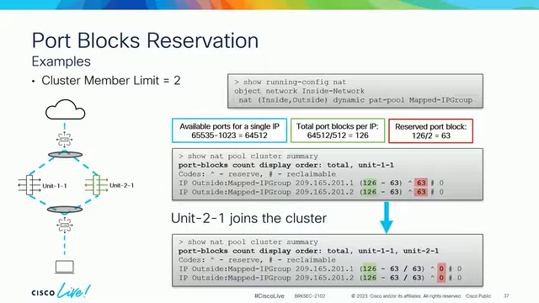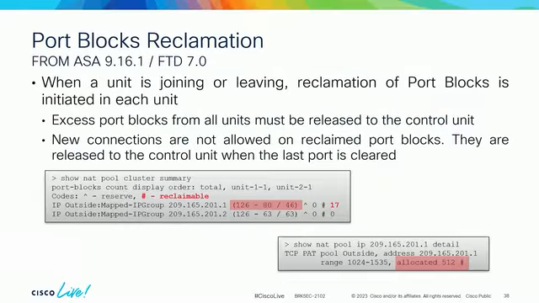And the third enhancement that was introduced in this version is the port blocks reclamation. The thing is that as units leave the cluster, or as units join the cluster, we could run into port block distribution imbalance. So now the control unit will mark the excess ports, will reclaim the excess ports.